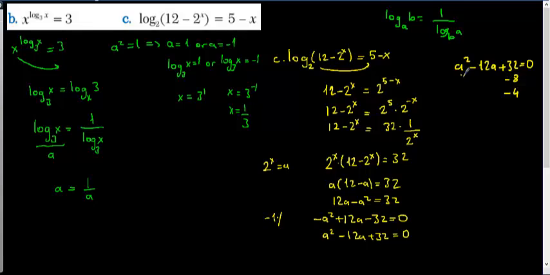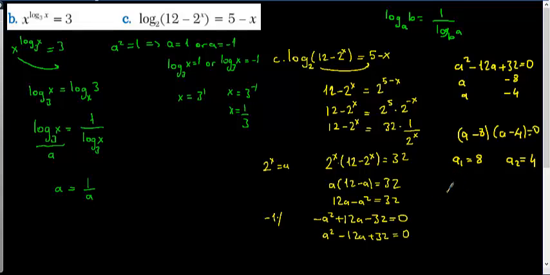Then it's a minus 8 times a minus 4 is equal to 0. Minus 8 times minus 4 is equal to plus 32, and the sum is equal to minus 12a. So a1 is equal to 8, and a2 is equal to 4.